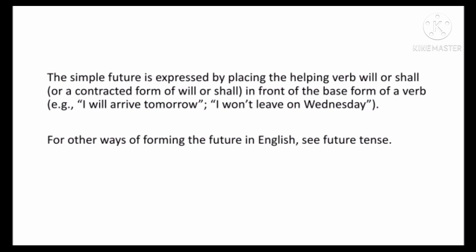Next, the simple future is expressed by placing the helping verb will or shall, or a contracted form of will or shall, in front of the base form of a verb. I will arrive tomorrow. I won't leave on Wednesday. For other ways of forming the future in English, see future tense.